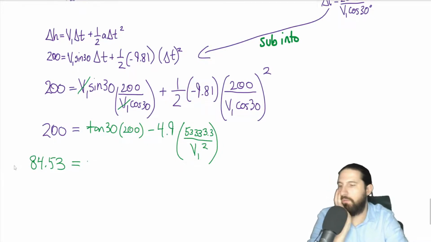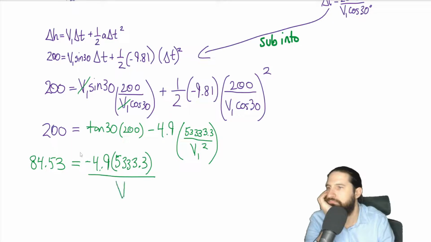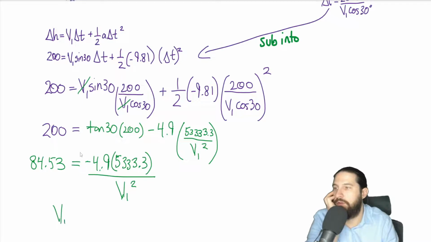I mean, this doesn't make sense to me. Right, because this could be positive, this could be negative. I mean, isn't this just wrong?